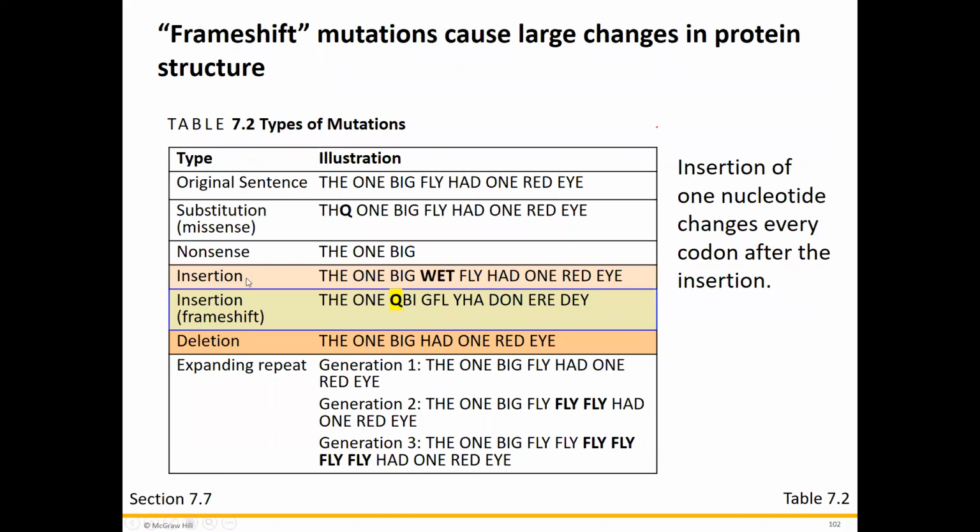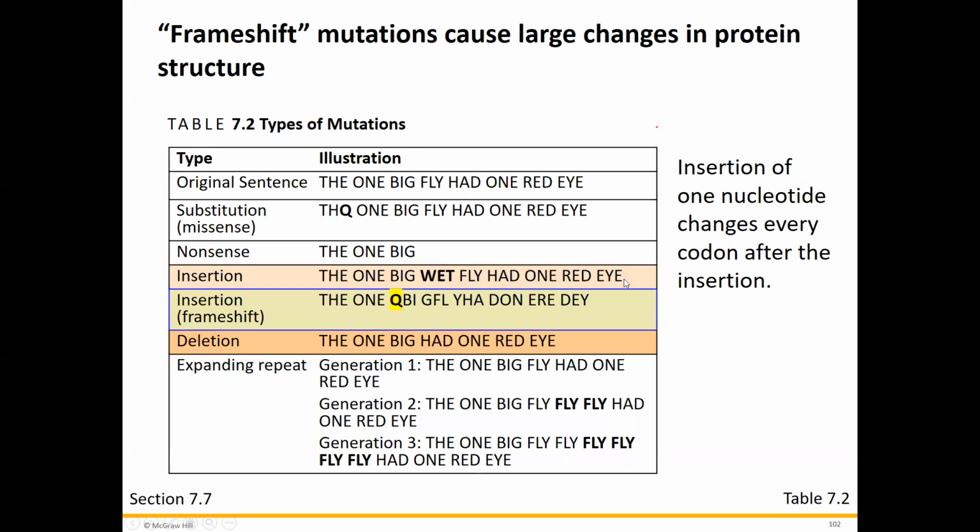So here is an insertion. They're showing you the example here where they inserted a whole entire codon with 3 nucleotides. Insertion of 1 nucleotide will change every codon after the insertion. But when it's done in groups of 3, like a codon, it did not change anything after or downstream from the mutation.